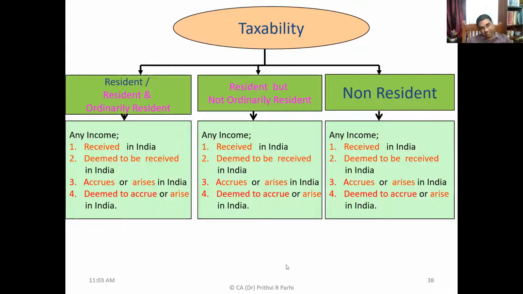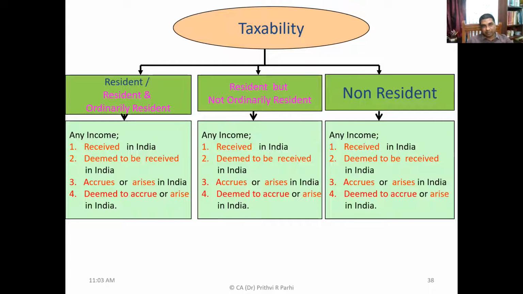Now look here. What is taxable for a resident and ordinarily resident? You see, four kinds of income are there. If you compare, in this picture you can find similar types of incomes written in points number 1, 2, 3, 4.